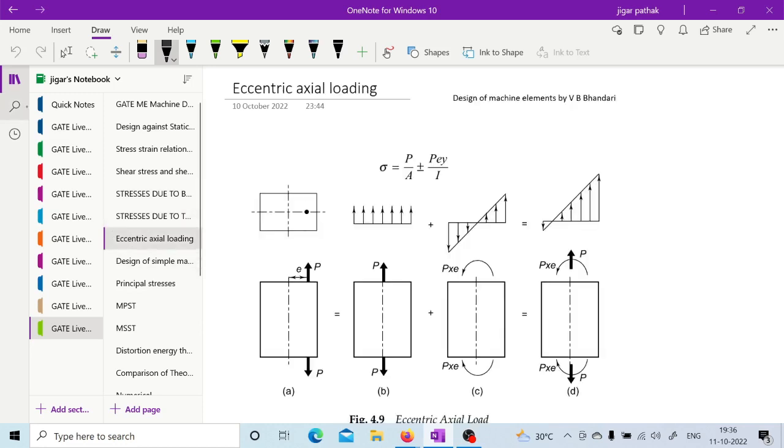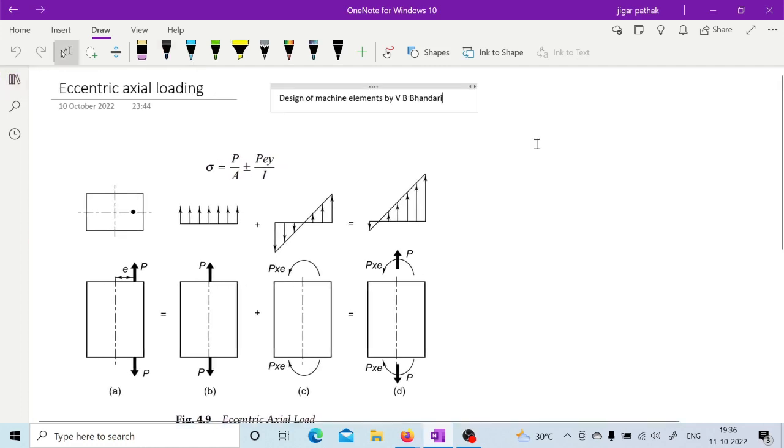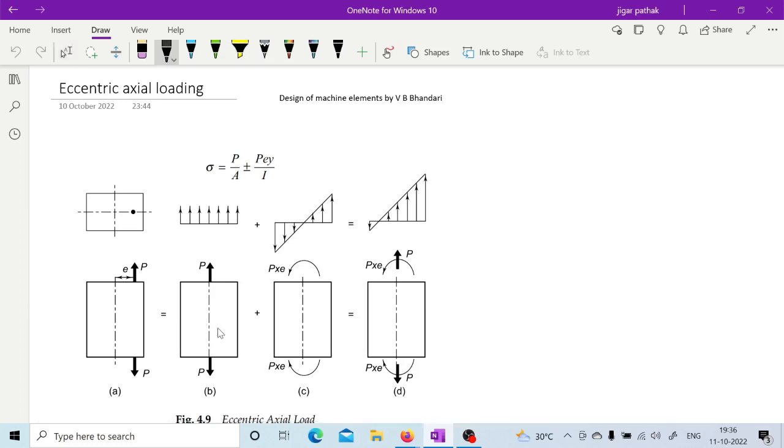Now sometimes eccentric loading is present in your component. So if there is any eccentric loading, then as you can see in the figure, this figure A is the given condition, where you have an external force acting at a particular distance from the axis, or we can say the central axis of the component.